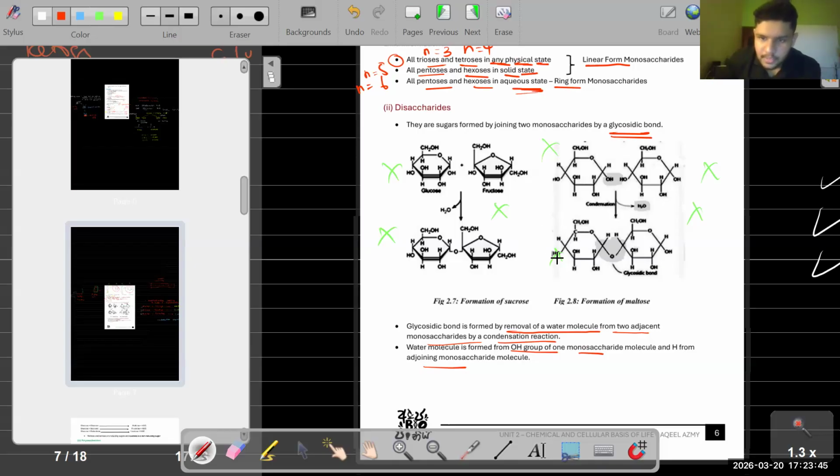Now see, this is one glucose, this is one glucose. Is it in its aqueous form or solid form?